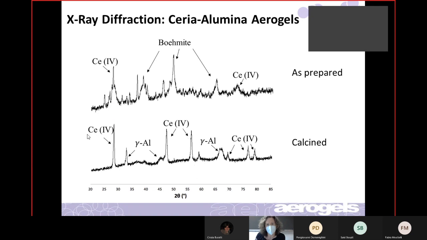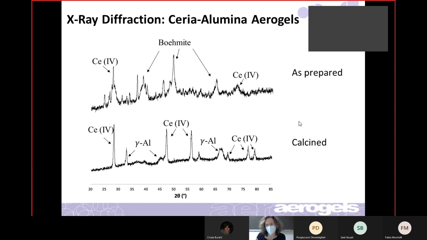We also see some crystalline components associated with particular phases of alumina. One of the solid phases of alumina is known as boehmite, one is known as gamma alumina, and we see evidence that there are some small structural changes occurring. Again, the material is still mostly amorphous, but we are seeing particular crystalline components, and we do see differences. So this is after calcination at 800 degrees C for 1 day.